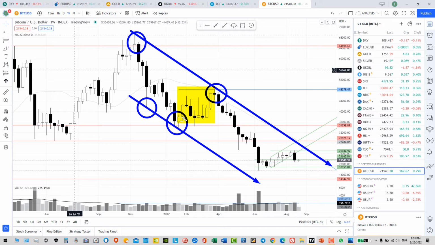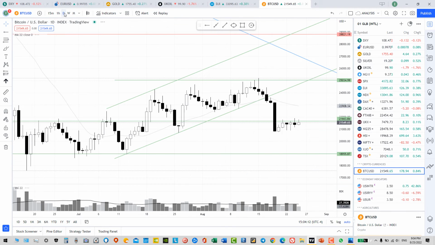Sometimes it corrects sharply with high volatility, and other times it corrects in a weak fashion with very low volatility. And that is the case for the time being. But any movement to the upside is considered a correction as long as it is within the clear, well-established weekly downtrend. Let us see the details over the short term over the daily chart.